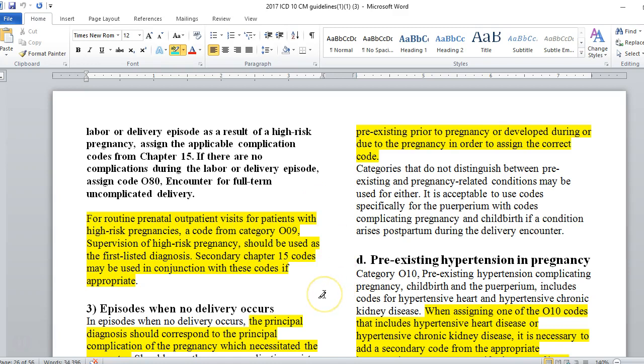For routine prenatal outpatient visits for patients with high-risk pregnancies, a code from category O09, supervision of high-risk pregnancy, should be used as a first listed diagnosis. Secondary Chapter 15 codes may be used in conjunction with these codes if appropriate.